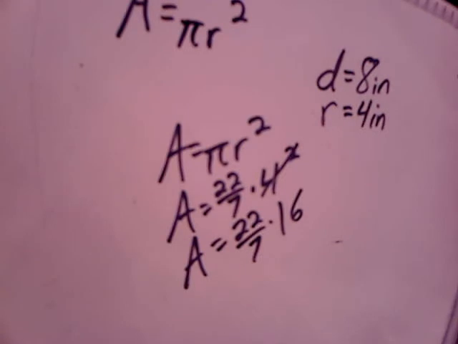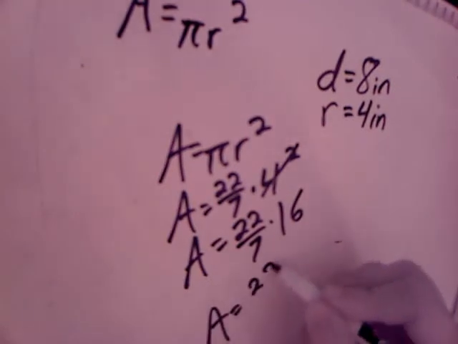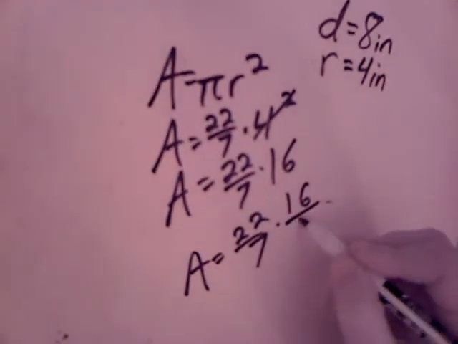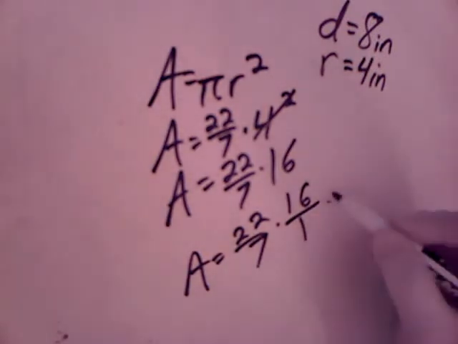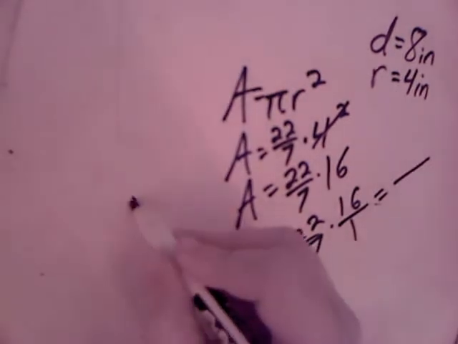That's going to make things a little bit interesting, because now you're multiplying a fraction times a whole number. So what you need to do is make sure to rewrite 16 as a fraction, which means you put it over the number 1. Now we have 22 times 16. We're going to multiply across, showing our work off to the side.